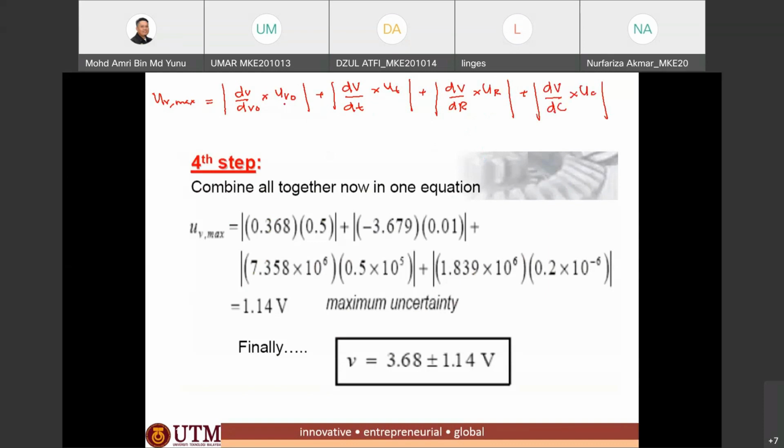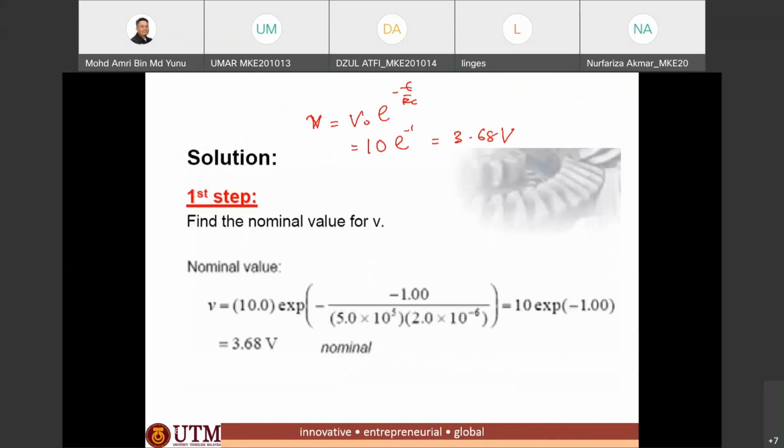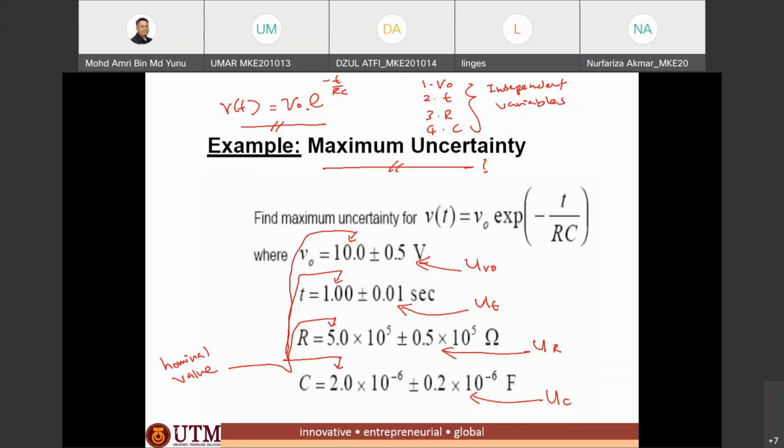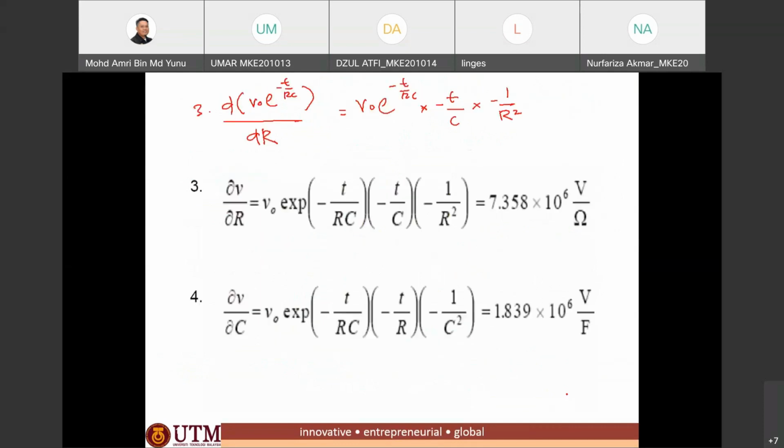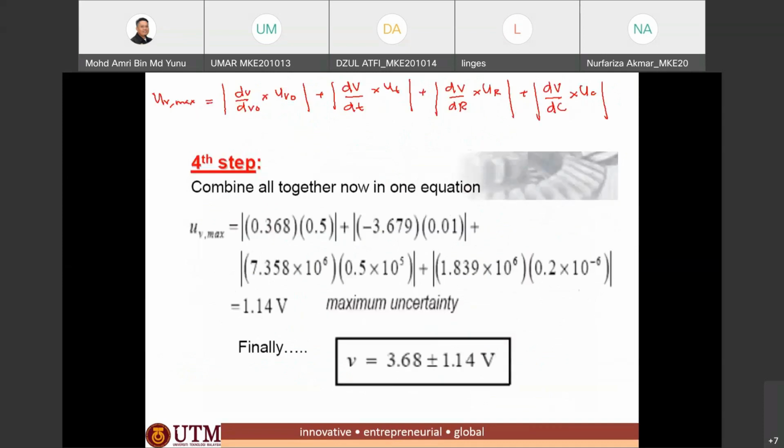This uVo is the uncertainty we got from the first place here. Okay, uVout, ut, uR, and uC. And we have determined the value for each partial derivative. So finally, we get the maximum uncertainty value is 1.14.